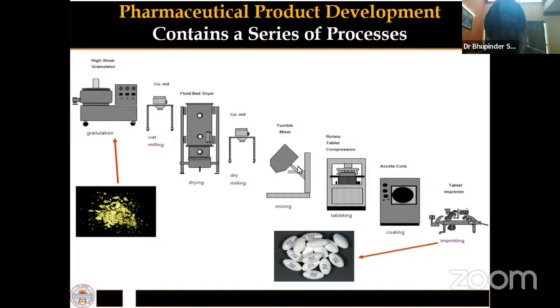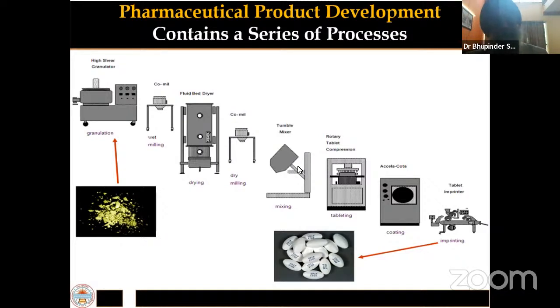First it is granulated, then wet milled, there's levigation, then dried, then dry milled, and then mixed using a tumble mixer, then compressed using a rotary tablet compression machine, then coated using Accela-Cota, and then imprinted to get the final form.